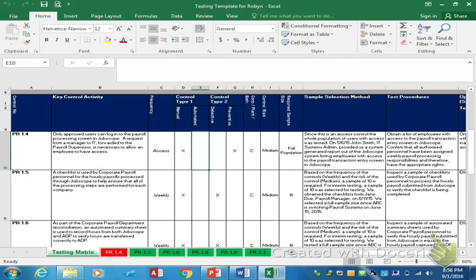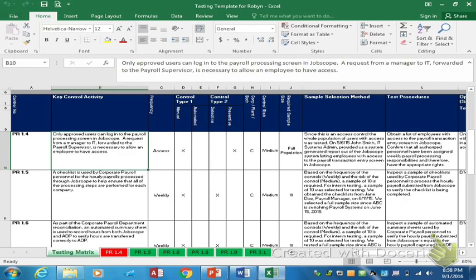The key control activity that we're looking at is that only approved users can log into payroll process, job scope, that we were just talking about. A request from a manager to IT forwarded to the payroll supervisor is required for someone to have access. That seems pretty straightforward, right?